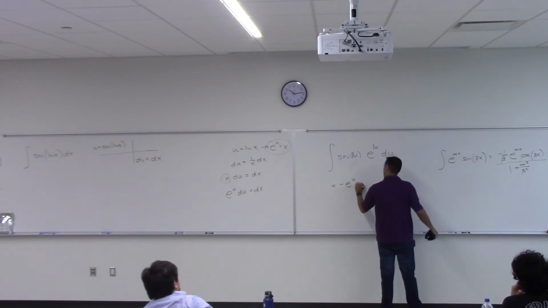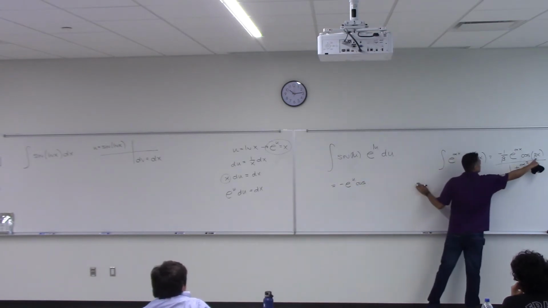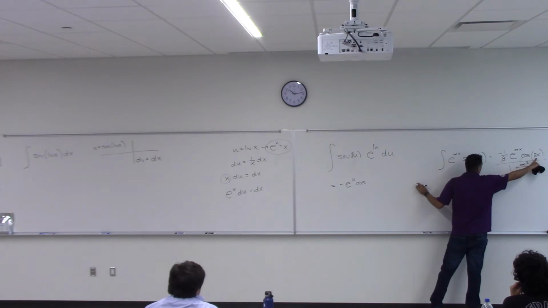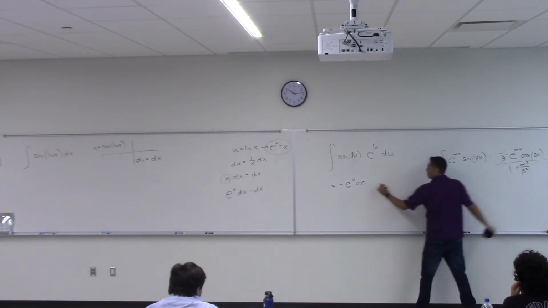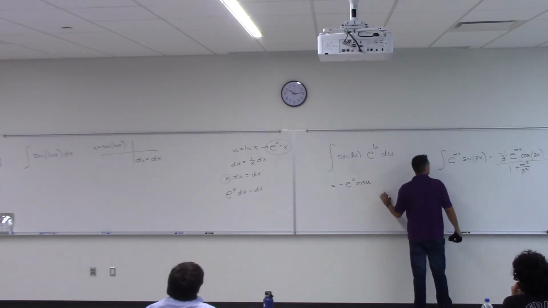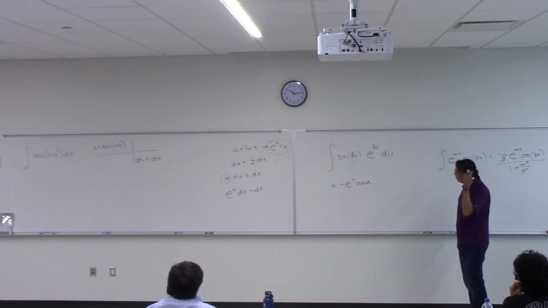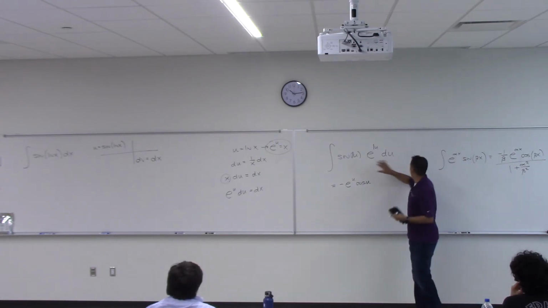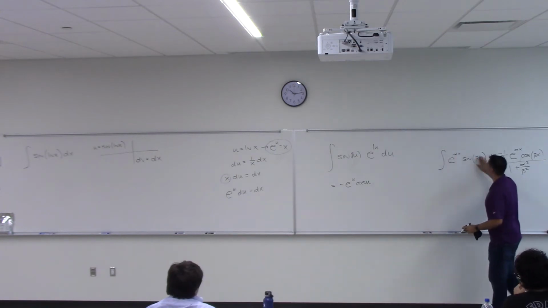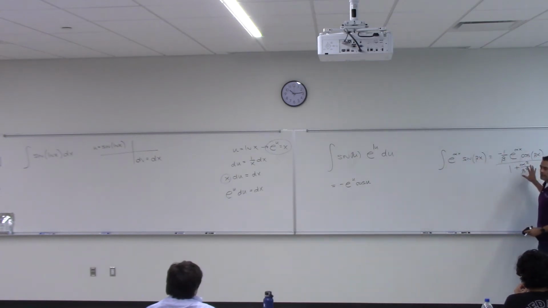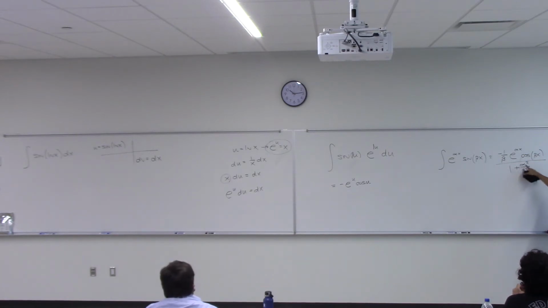cosine of just x, which for us is u, right? So cosine u. We're doing this, but we're treating all the x's like u's here for the formula we have. All over what? What's this? 2.